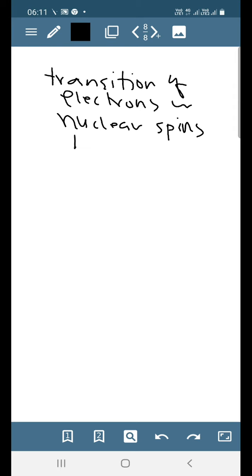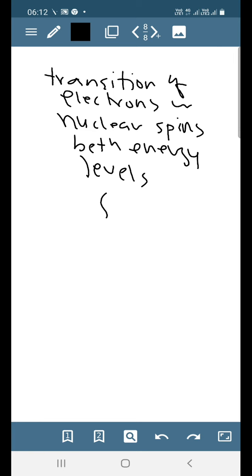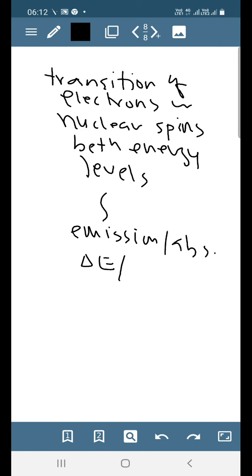They are loosely referred to as a change of spin, and they are associated with emission or absorption of energy in the form of radiation, of energy delta E, at frequency delta E by h.